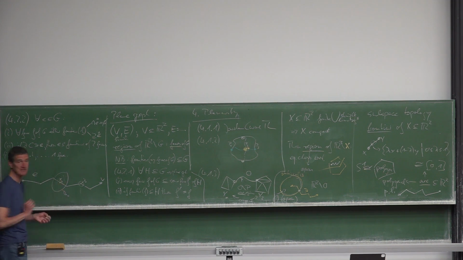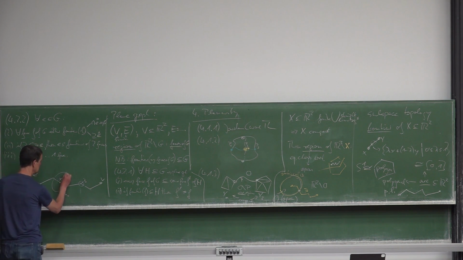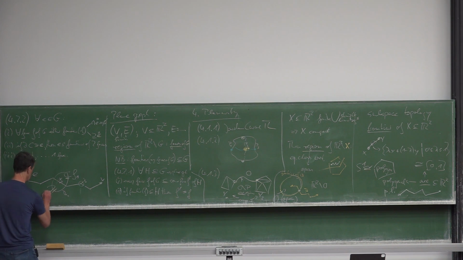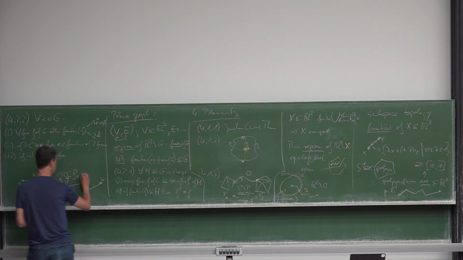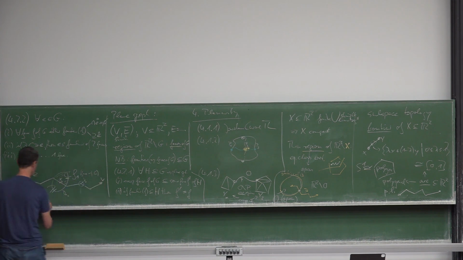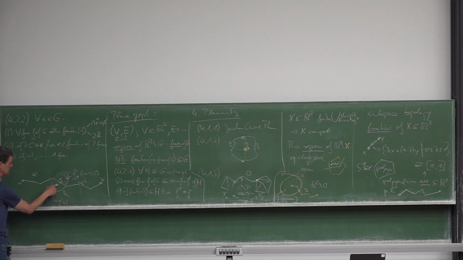They're pairwise joined by a straight line that doesn't meet G. So this here is a subset of some face F1 of G. And this here is a subset of some face F2 of G.